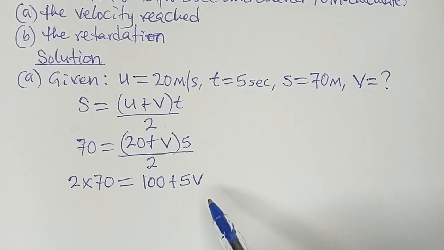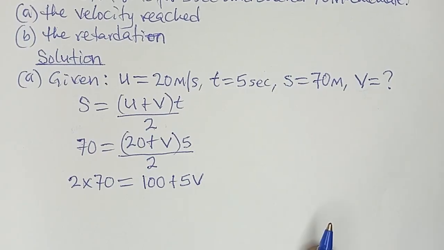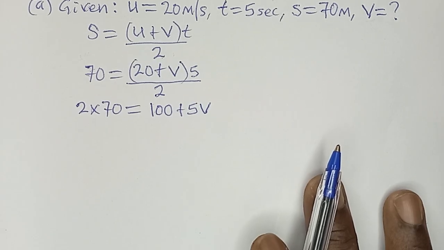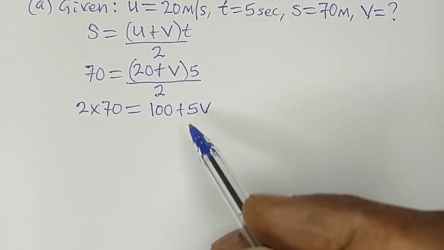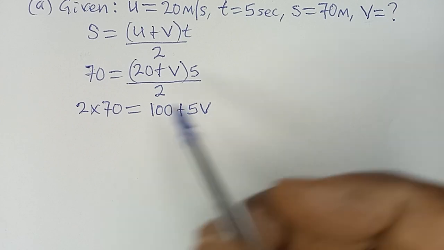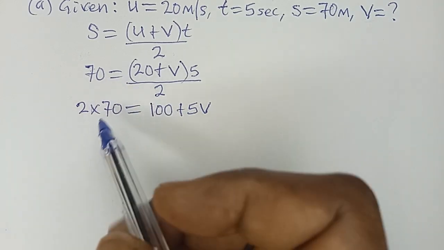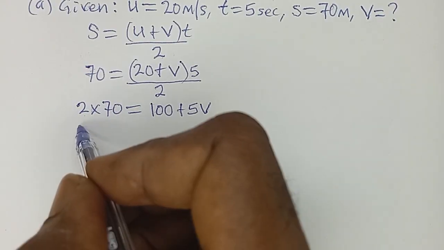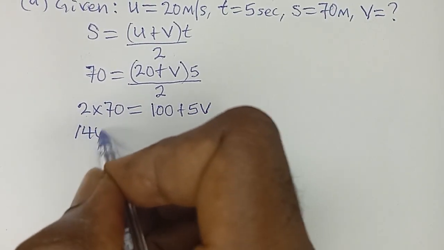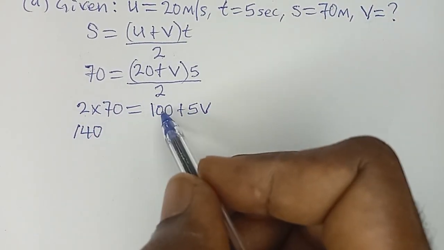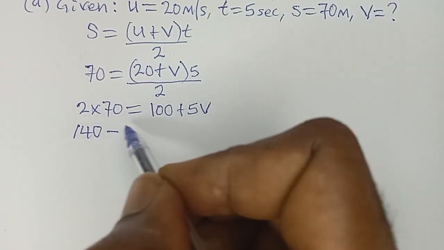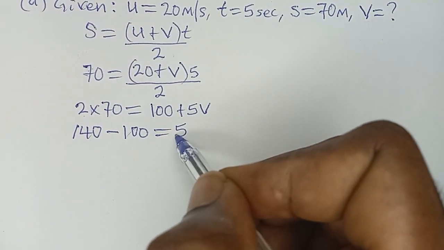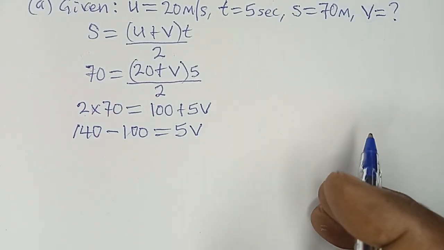So now I can collect like terms. I don't want to have negative values for the value of V. I don't want to carry V to the other side to have a negative sign. So I'm going to leave V on this right hand side and I'll take 100 to that side. So 2 times 70 will give me 140. And then when this positive 100 comes to this side, it becomes negative 100, and is equal to 5V, which is what is left on this side.